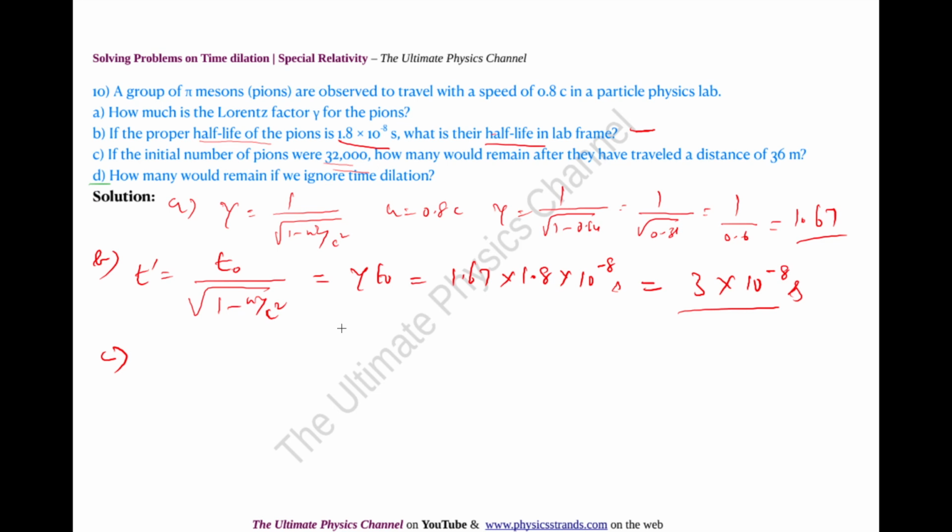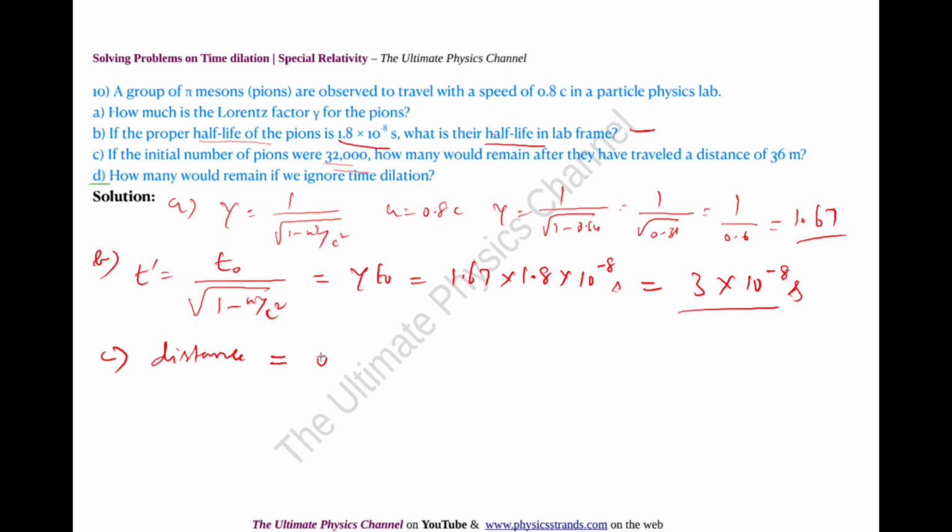So now what do we do? We have to first see how much distance they can travel at this time, isn't it? How much distance the pions would travel at this time. Distance traveled by the pions in this lifetime, that is the lifetime in the lab frame, right? We can calculate that.